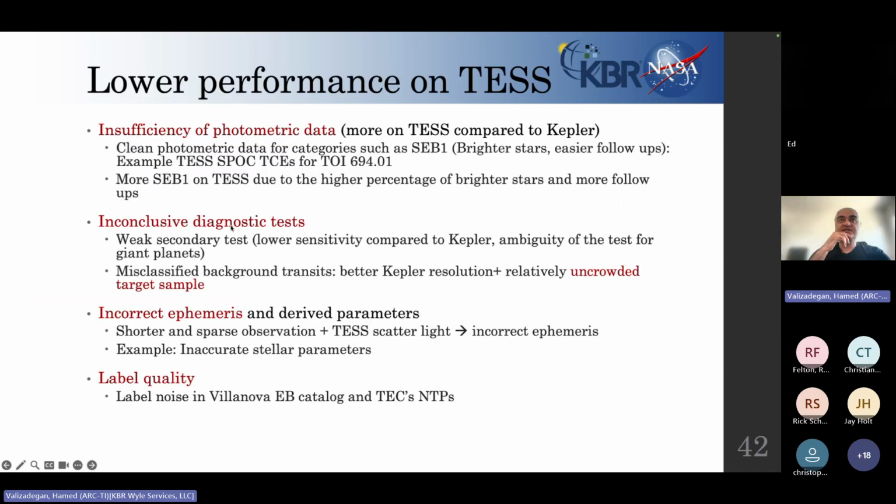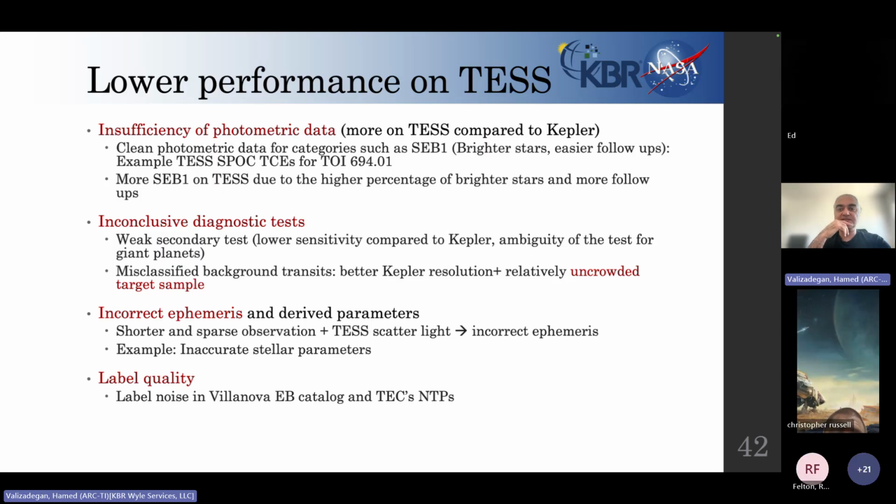But after investigating cases, we understood that part of this difference comes because the photometric data for a lot of cases that come from ExoFOP labels is not sufficient. So the model did not have access to anything that makes it possible for the model to classify them correctly.